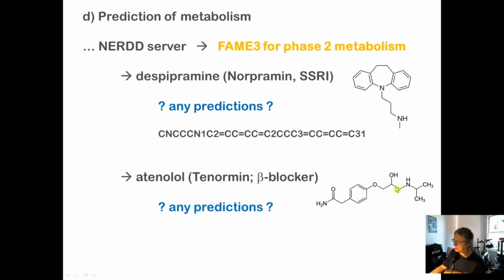Again, for phase 2 metabolism, you're mostly looking for nucleophilic atoms. And I'm kind of thinking, well, that secondary alcohol is kind of poking out like a sore thumb. Alcohols love to be phase 2 metabolized. The secondary amine seems possible. It's a little sterically hindered because of the isopropyl group, right? Isopropyls might get in the way of phase 2 metabolism, but still, I'd say alcohol high probability, nitrogen possible but maybe lower probability.